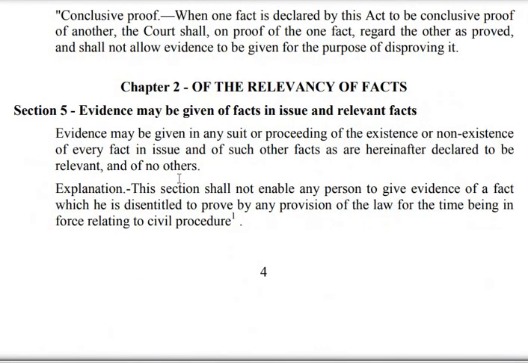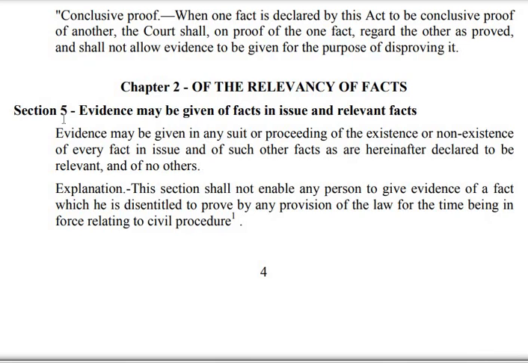So that is a declaratory and a restrictive provision also. It declares that the party can give evidence of what facts. Number one, you can give evidence directly for proving the fact in issue and also for proving the relevant facts. And then they are saying, and of no others.